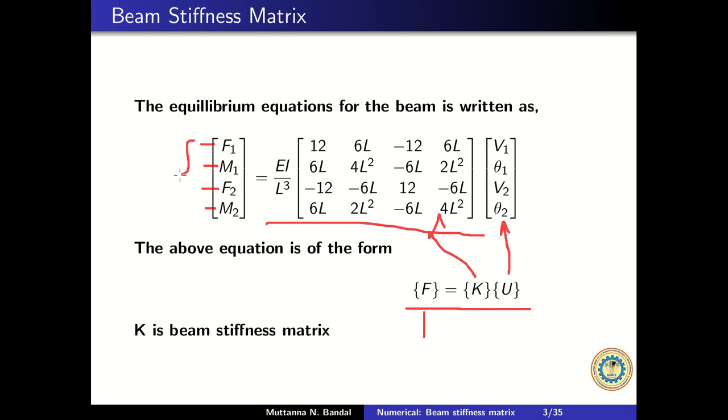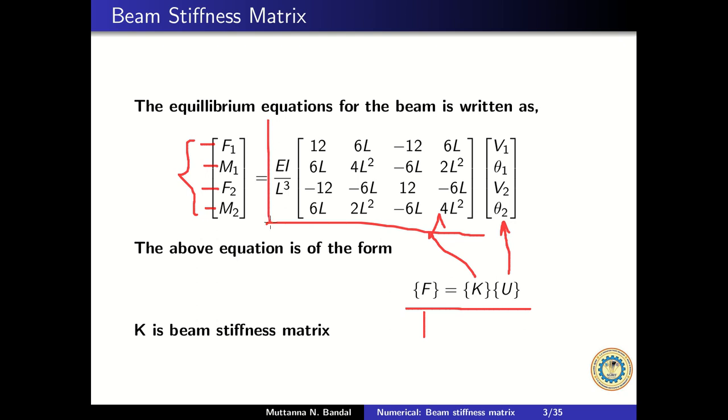These will be unknown terms, given by some empirical formulas. Depending upon the beam loading condition, whether it is a uniformly distributed load or a point load, these empirical formulas will be different, and that will be given at the time of solving the problem.